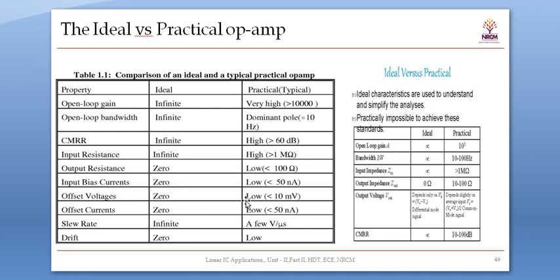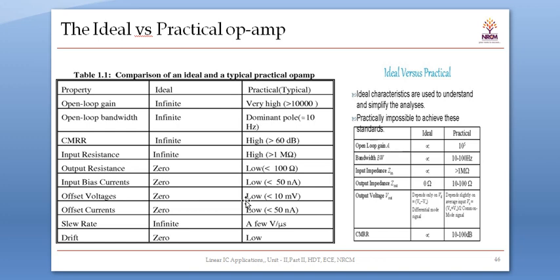Input resistance is also infinite for the ideal op amp, and the value of input resistance is approximately 1 to 2 mega ohm practically. In similar fashion, output resistance is 0, and practically the output resistance of the 741 IC is 75 ohm.